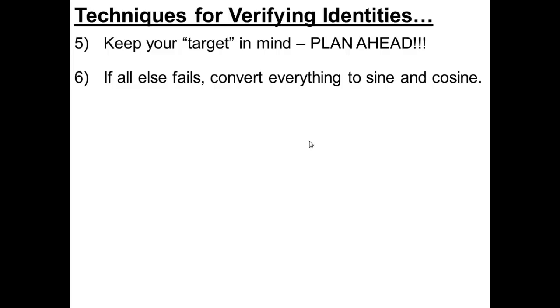There'll be an example later on where I show you how if we notice one thing, then we can do it in 3 steps. If we convert everything to sine and cosine, we can still get to the same destination, but it may take 15 to 20 steps. So if you can't think of anything, convert to sine and cosine, but always try that as a last resort.